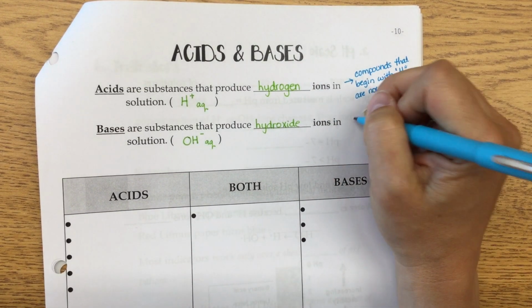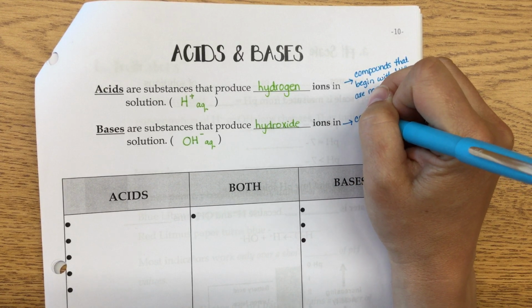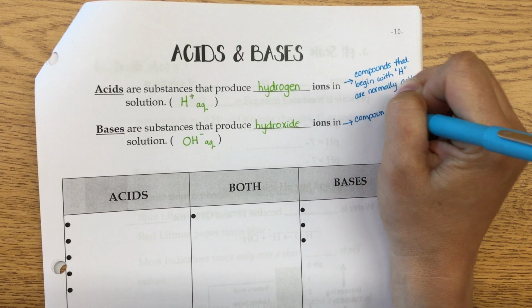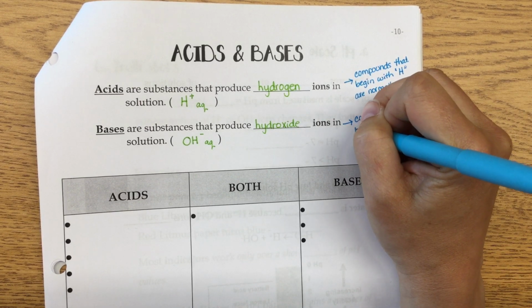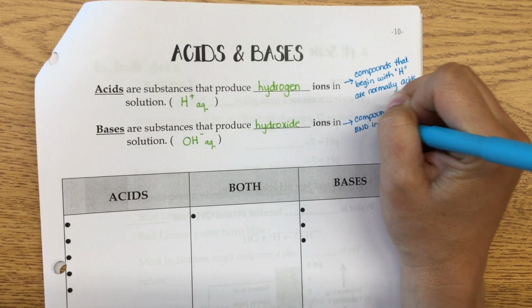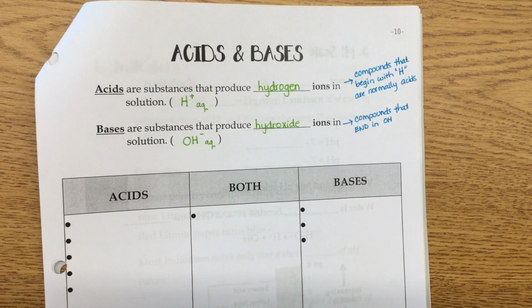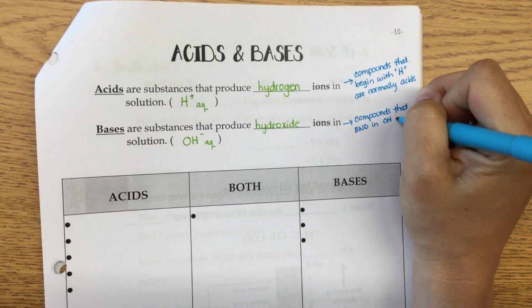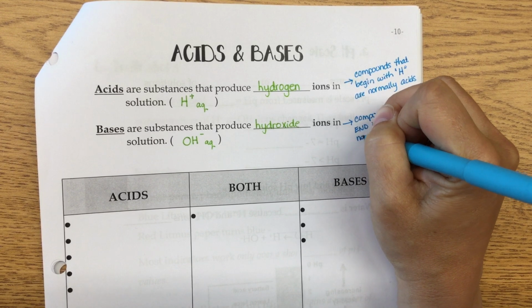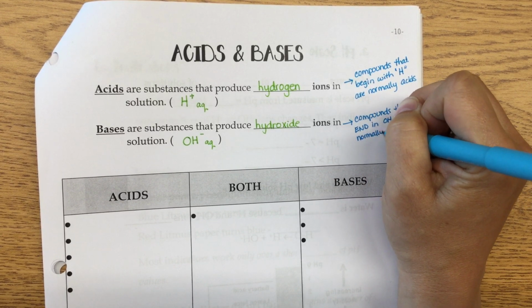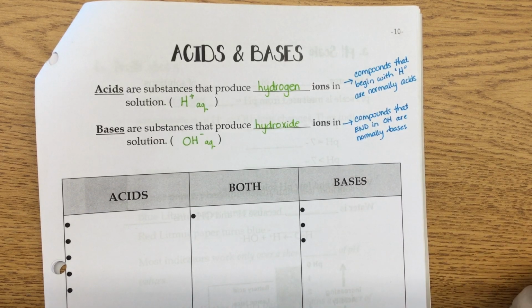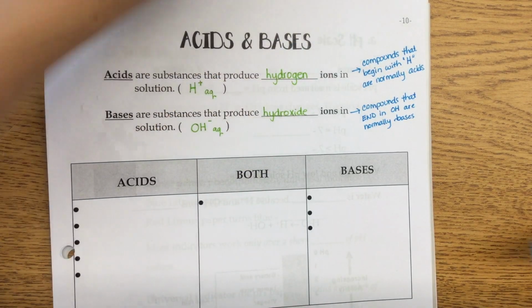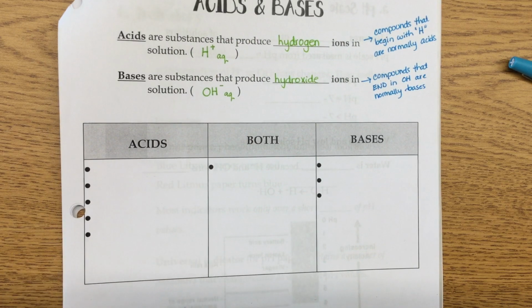And the hint for bases is compounds that end in OH are normally bases. Okay, we're done. So that gives you some quick tips.